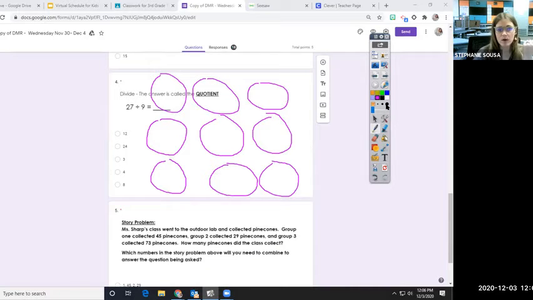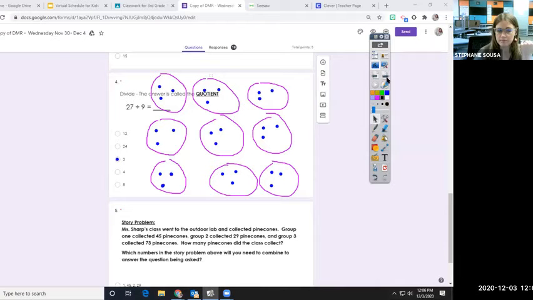And then I'm going to put one item in each group until I get to 27. 1, 2, 3, 4, 5, 6, 7, 8, 9, 10, 11, 12, 13, 14, 15, 16, 17, 18, 19, 20, 21, 22, 23, 24, 25, 26, 27. Well, there's 3 in each group. So your answer should have been 3, your quotient.